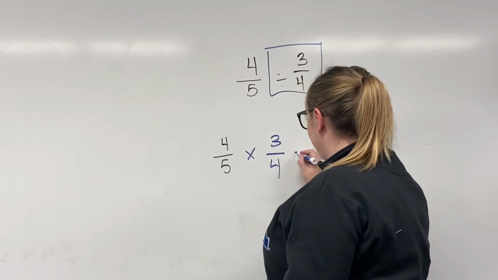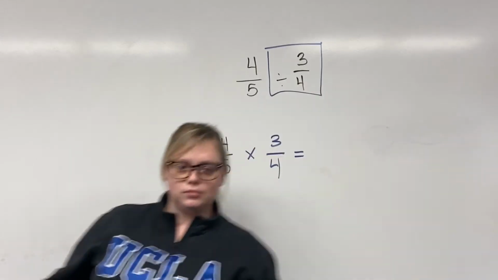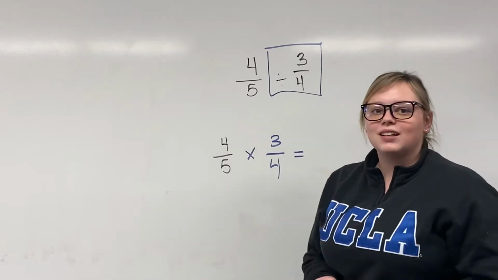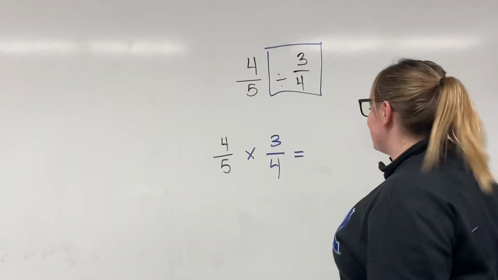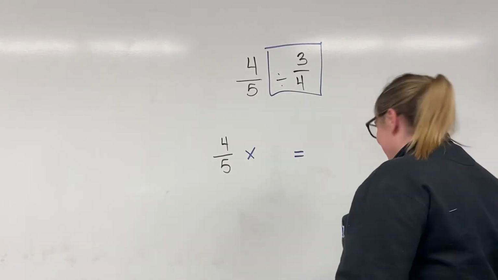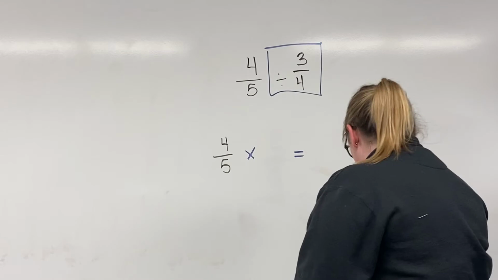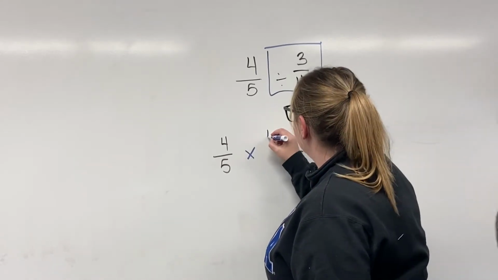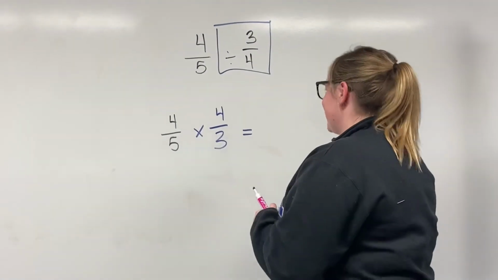And now I need to find my solution. I need to solve using my pink, which is red. Okay? Is it really 3/4? It is not really 3/4. Great job, little Andrea. Which is funny because we have an Andrea. It is 4/3.